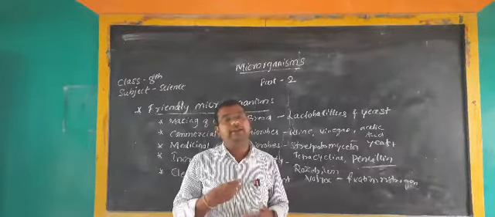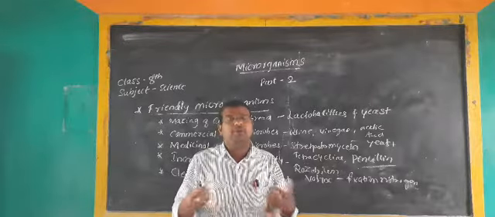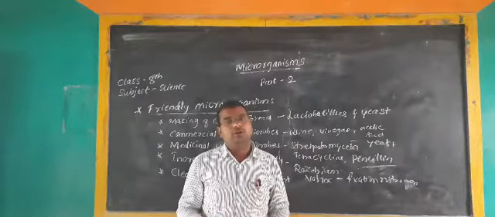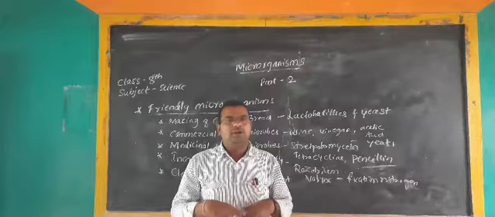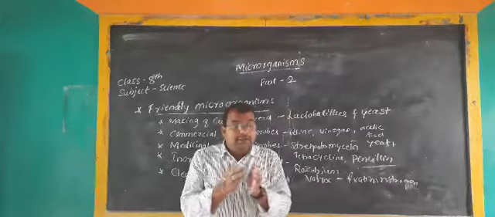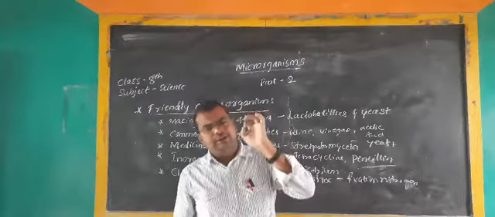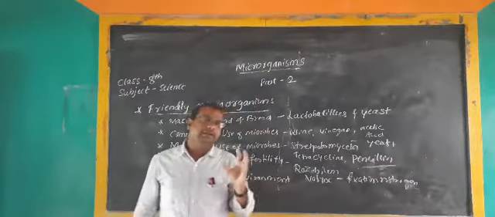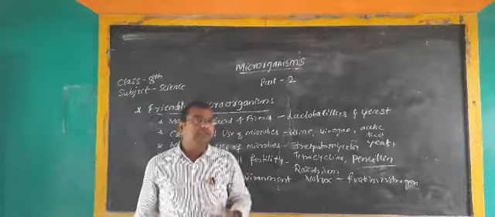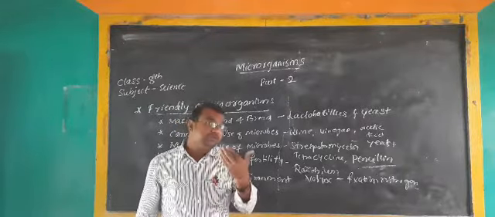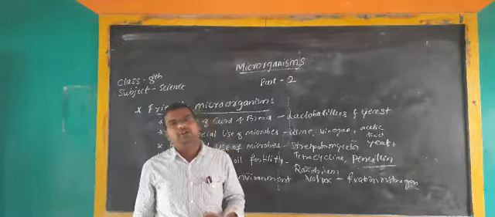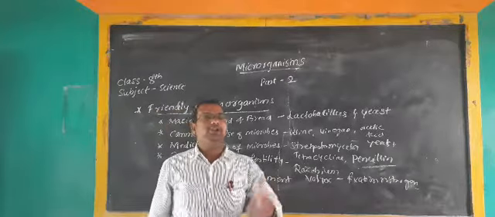How does the smell decrease? What happens to the body parts? Where have they gone? They are all decomposed by these bacteria. The bacteria decompose the dead and decaying matter, and they are also helpful in converting waste into manure.